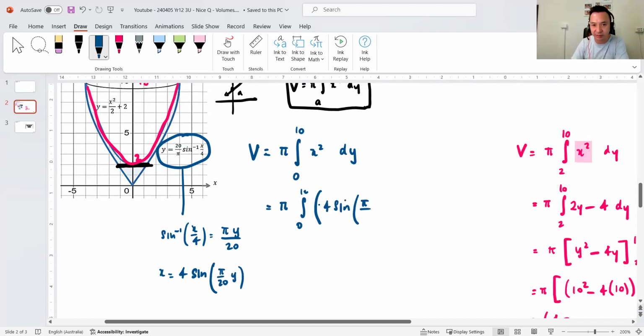It's just the integral of sine squared, right? If you're comfortable with that, let's drag out all our constants.